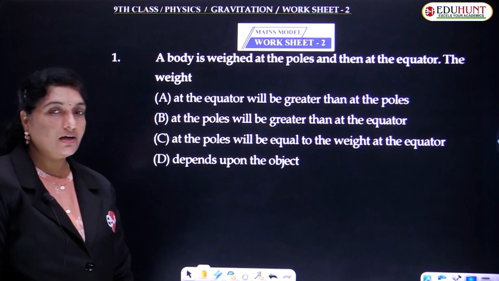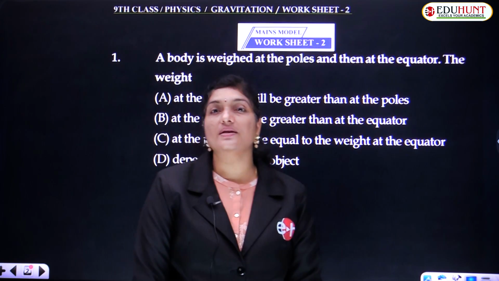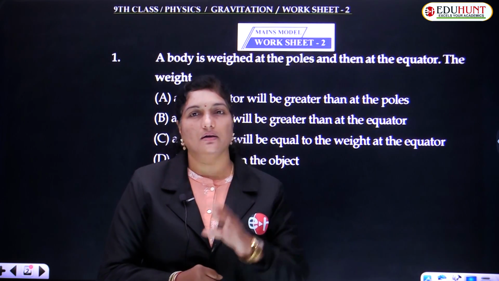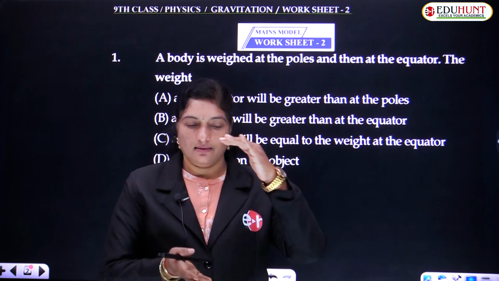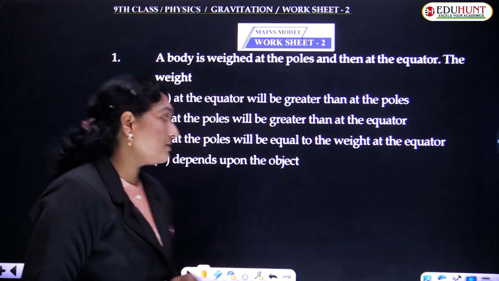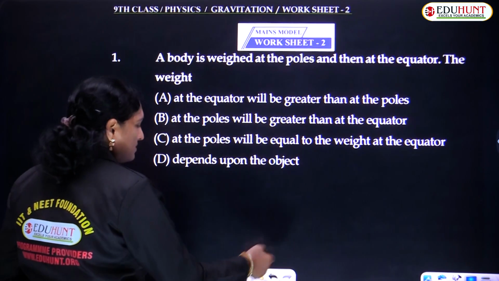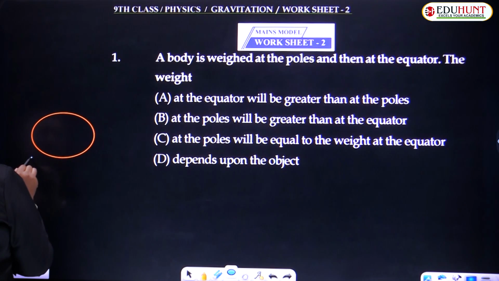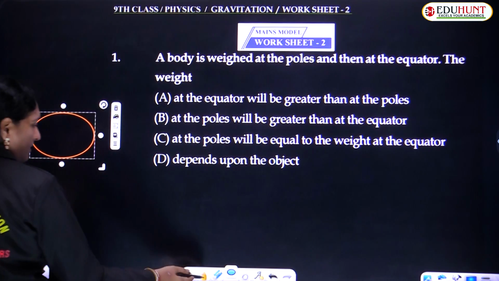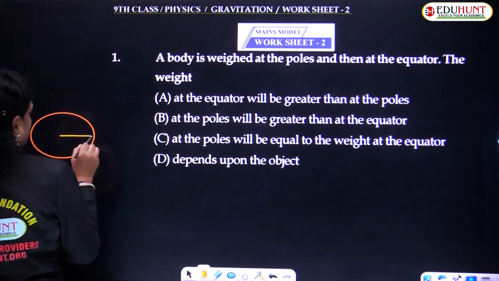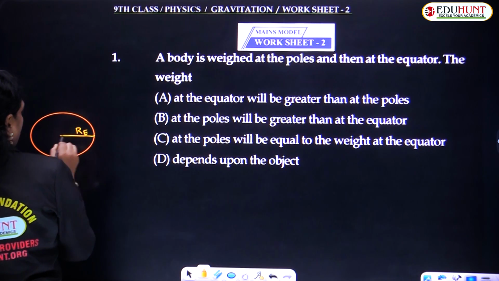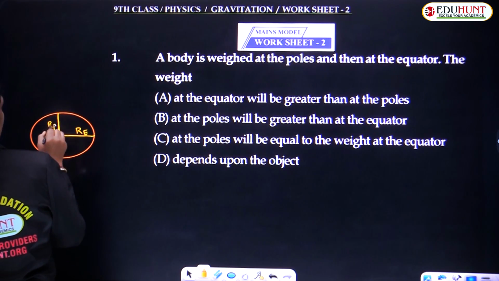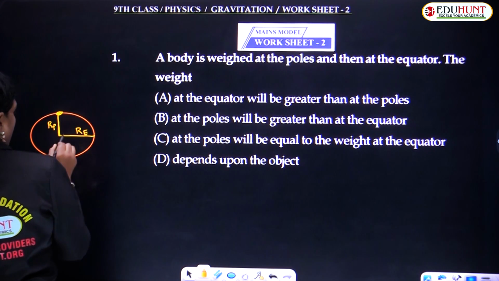The weight is... Children, if you consider the actual shape of the earth, it has a little bulge at the equator and a little lesser radius at the poles. The shape of the earth will be somewhat oval, like an egg shape, something like this. If you consider this as the equator, the radius of the equator, and here the radius of the poles, these two are North Pole and South Pole, and this is the equator.